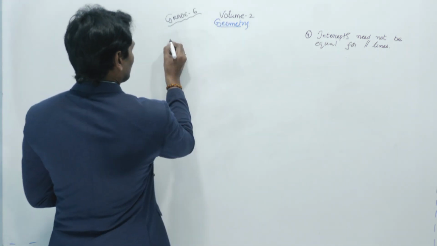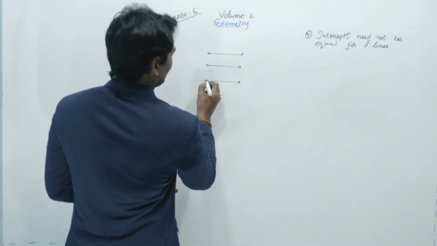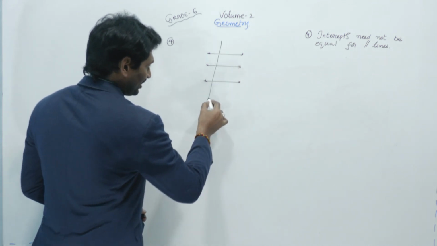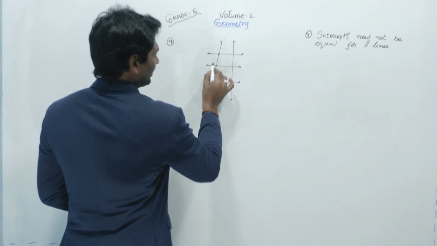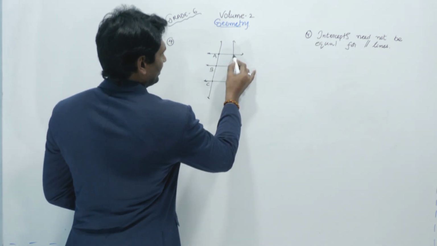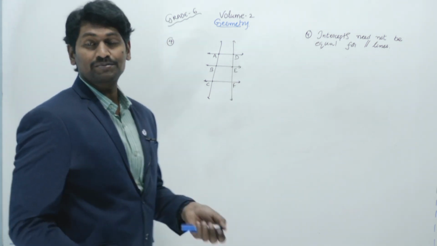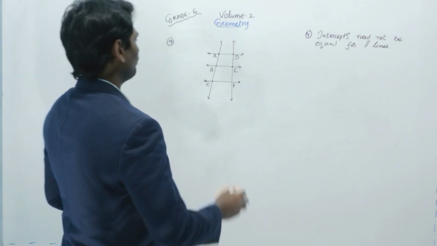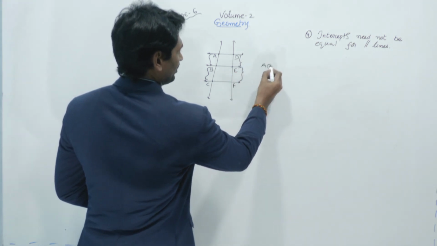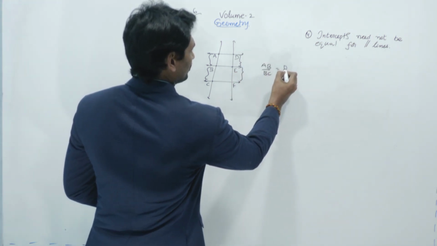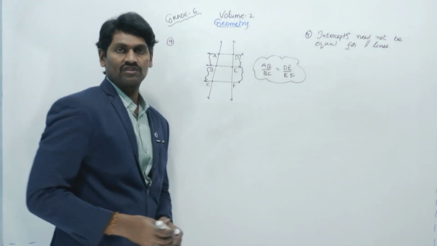Three parallel lines are intersected by the two transversals like this, and they intersect at the points A, B, C and D, E, F. So for the parallel lines, the intercepts are in the same ratio. That means AB by BC equals DE by EF for parallel lines.